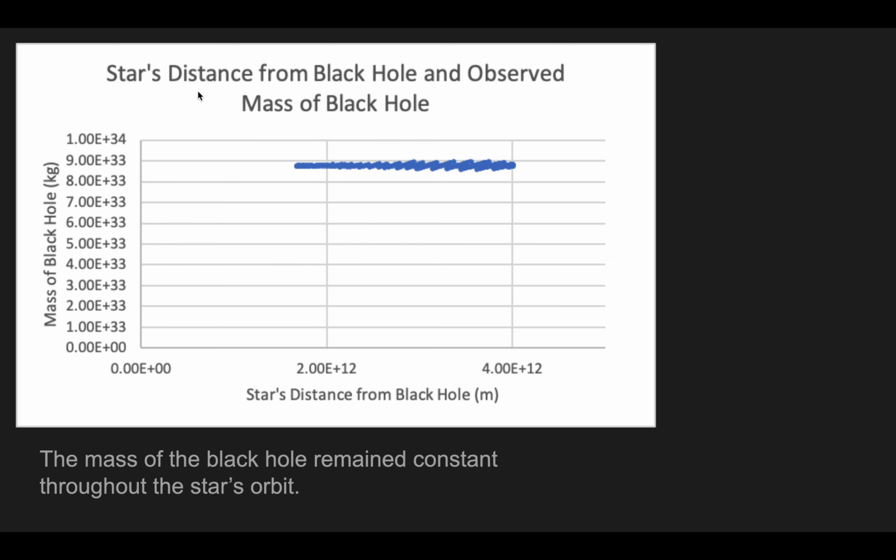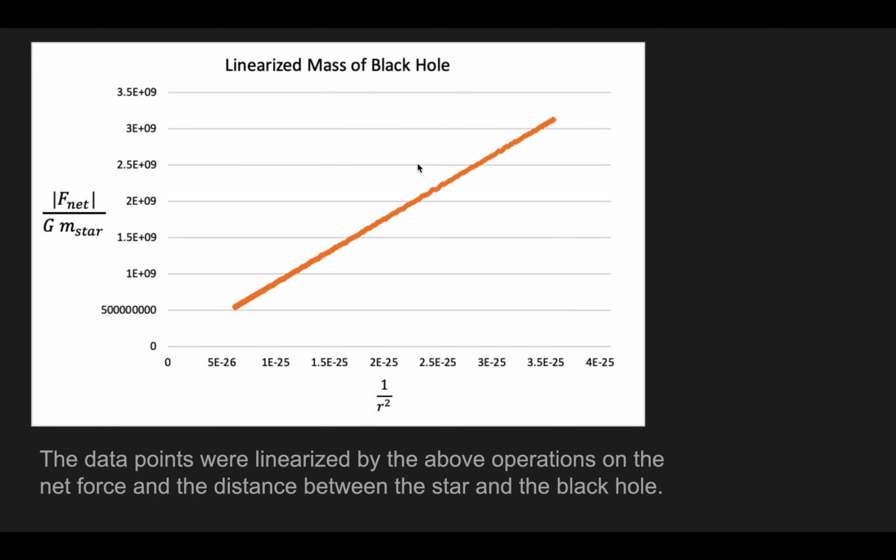And then this is the mass of the black hole as it changes with the star's distance. And we see that it doesn't really change much other than small glitches from the code. So we can linearize the mass of the black hole by plotting the net force over gravitational constant times the mass of the star on the y-axis, and plotting 1 over r squared, where r is the distance between the black hole and the star.